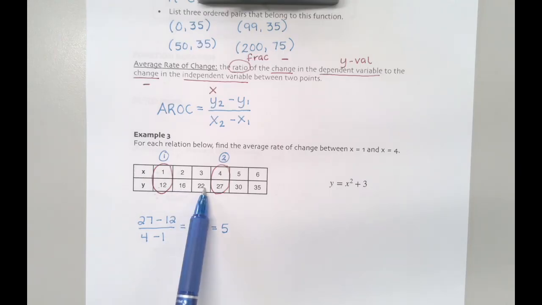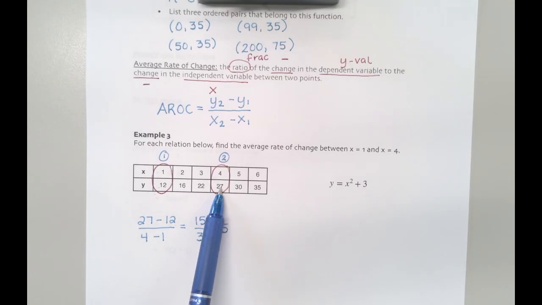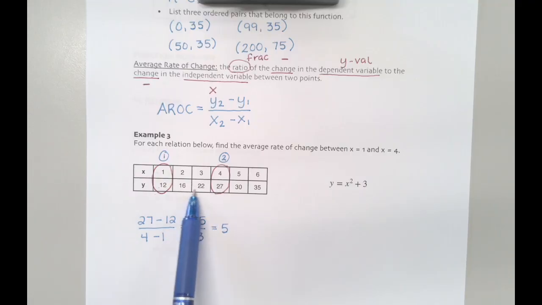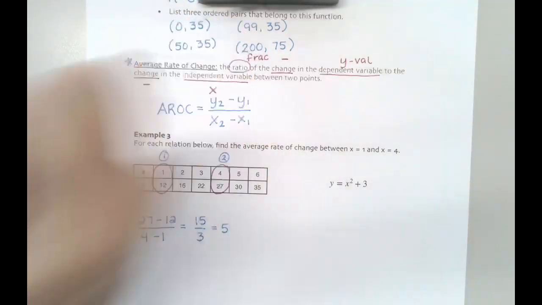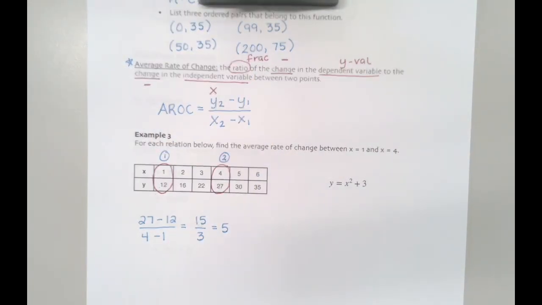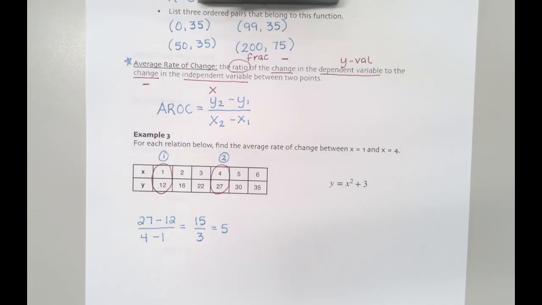And 16 to 22, I'm stepping up by 6. And then 22 to 27, I'm stepping up by 5. But if I were to average all of those steps together, it's an average of 5. So the word average is important because it's not saying that I'm literally climbing by 5 every single time, but on average, that's what I'm doing for every step that I take.